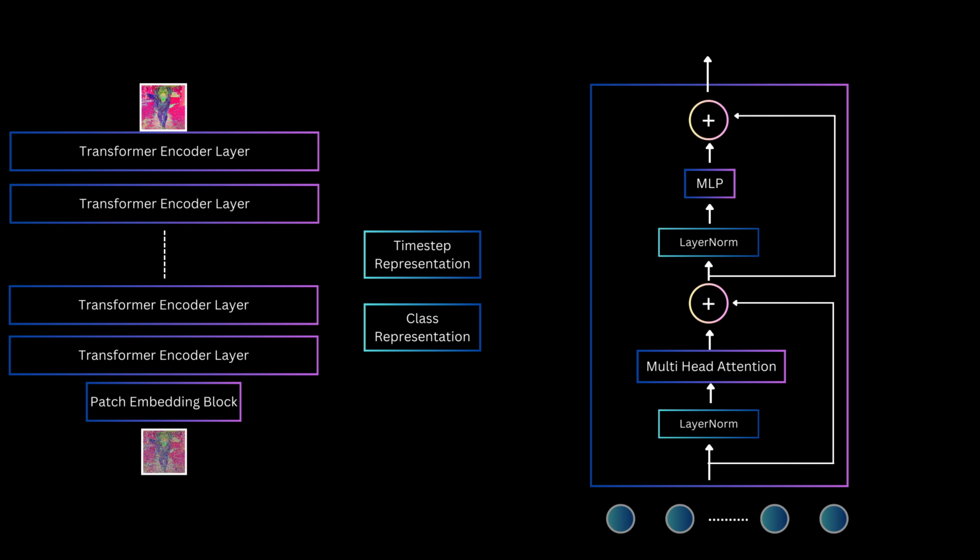The third variant of DIT block is adaptive layer norm. Very similar in spirit to what we do in StyleGAN, if you guys are familiar with it. If not, it's fine. I think soon I'll be doing a video on that anyways. So here the time step and class representation are added, and this now goes through a MLP to give us 4D values.